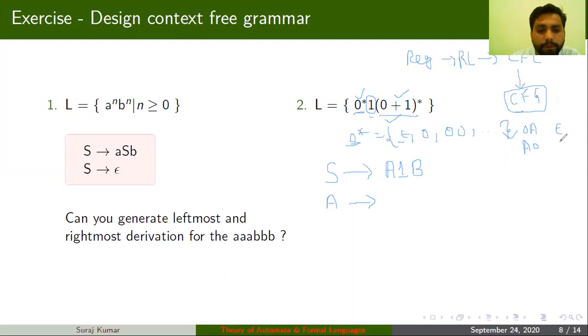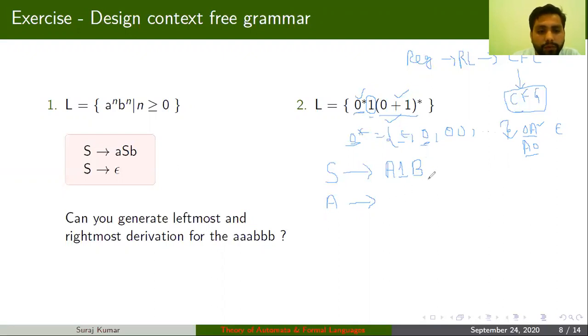If you want to generate a single 0, you can follow the rule 0A, and in the next step replace A with epsilon, so 0 epsilon is equal to 0.